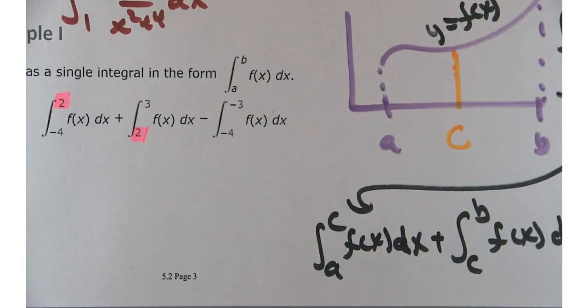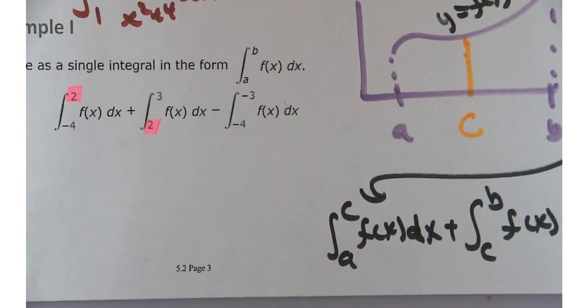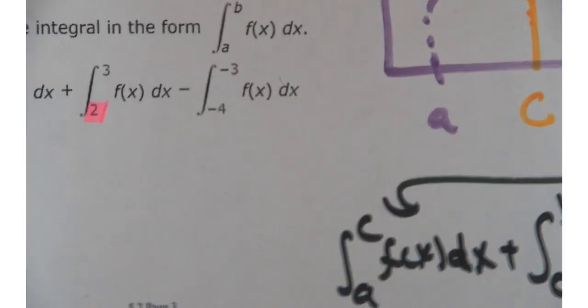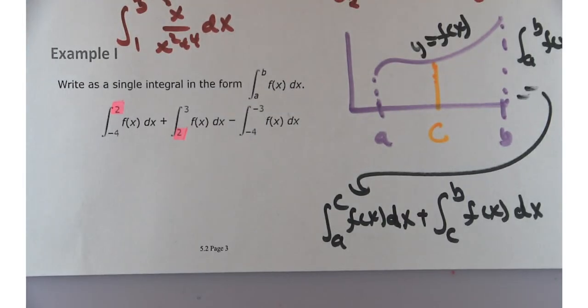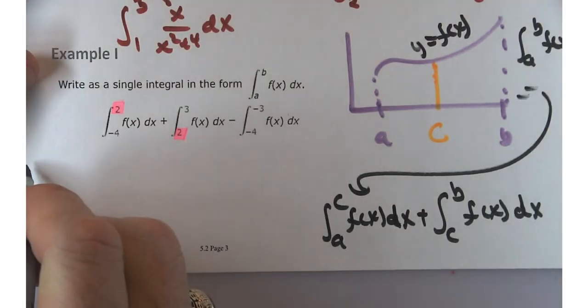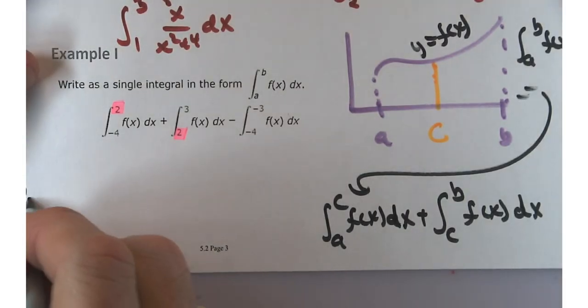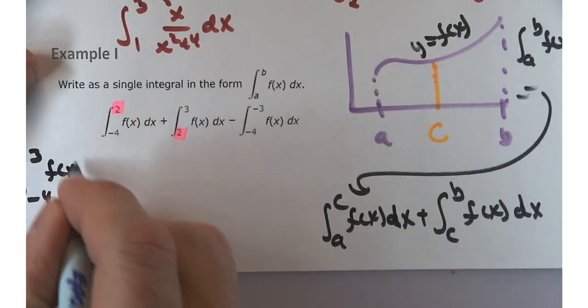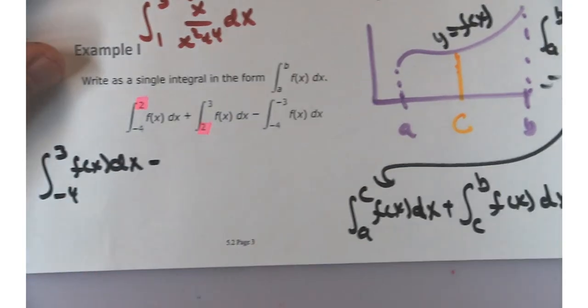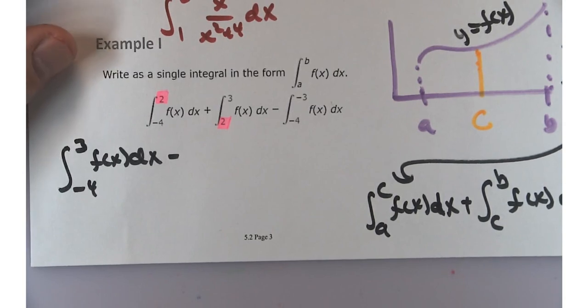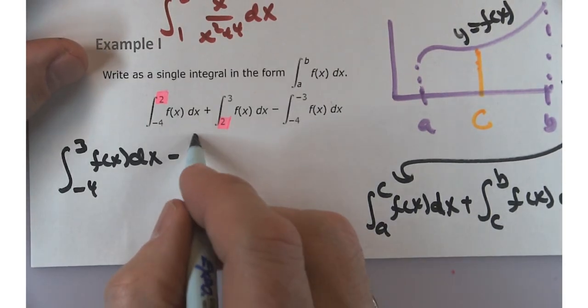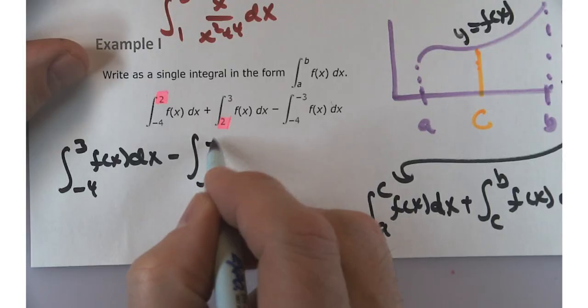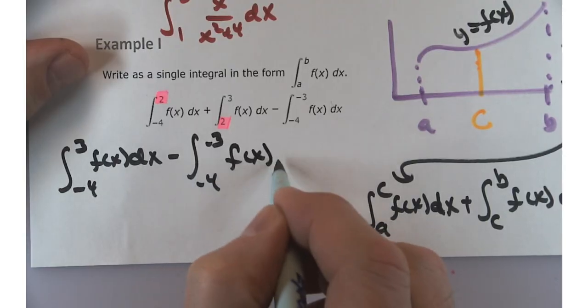So you can squeeze those together. How would I rewrite this? Negative 4 to 3 of f of x dx. And then I'm going to subtract off a little piece. I'm going to subtract off the integral from negative 4 to negative 3 of f of x dx.